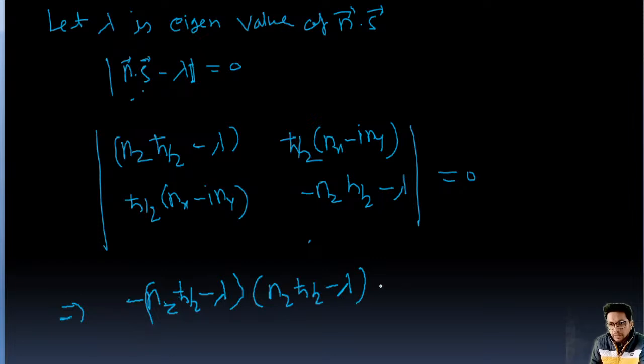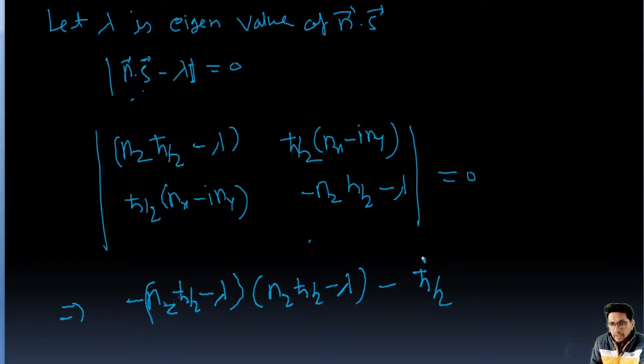This will get multiplied, so this will be minus h cut by 2, this is h square upon 4.